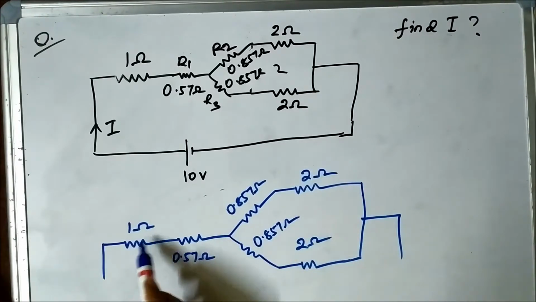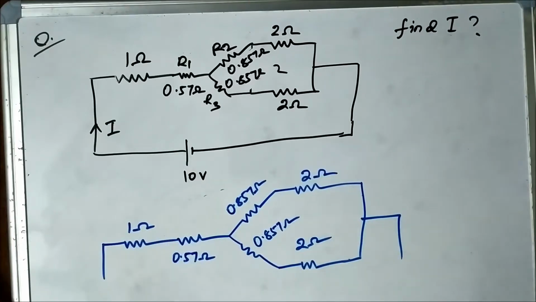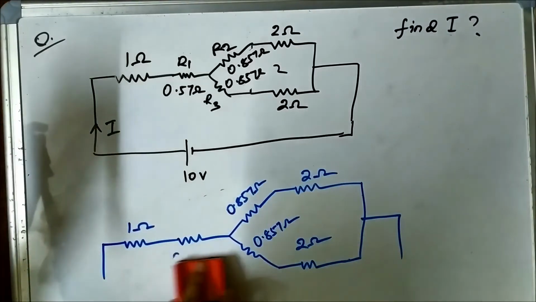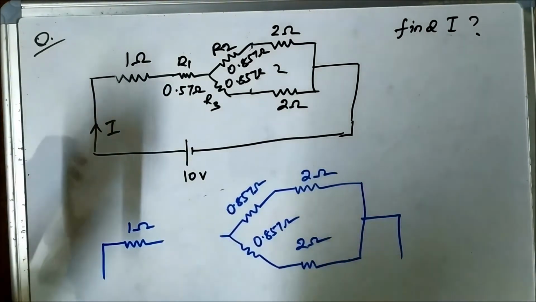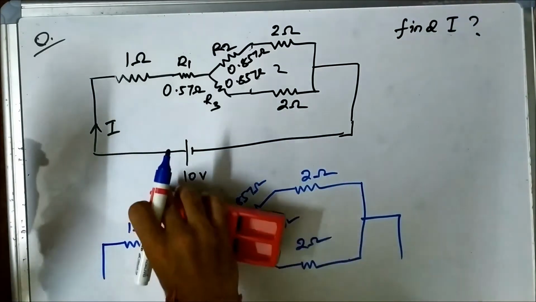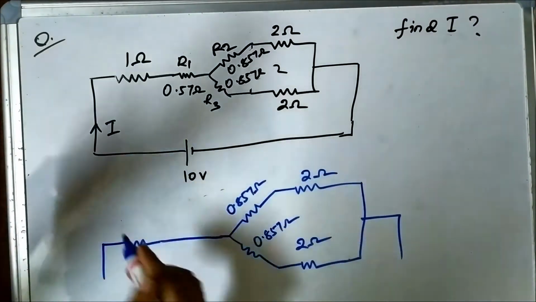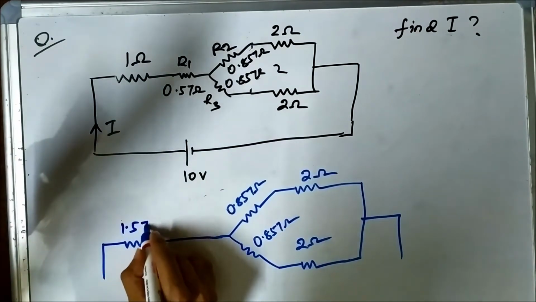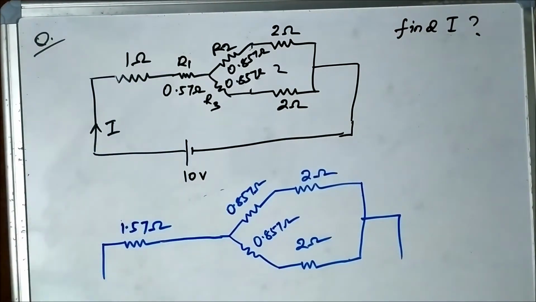You can see this 1 ohm and 0.57 ohm are in series because there is an end-to-end connection pattern. So we can combine them into one. This will be 1.57 ohm.